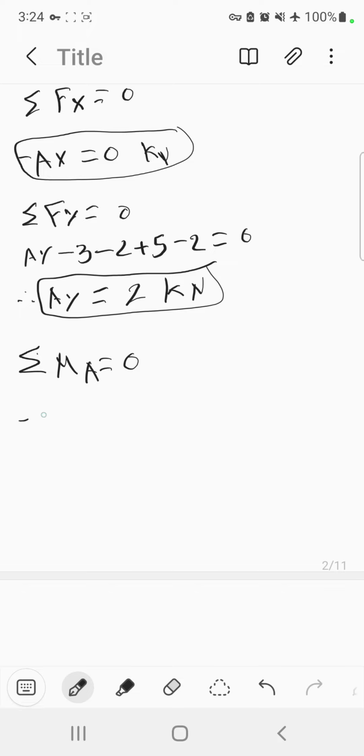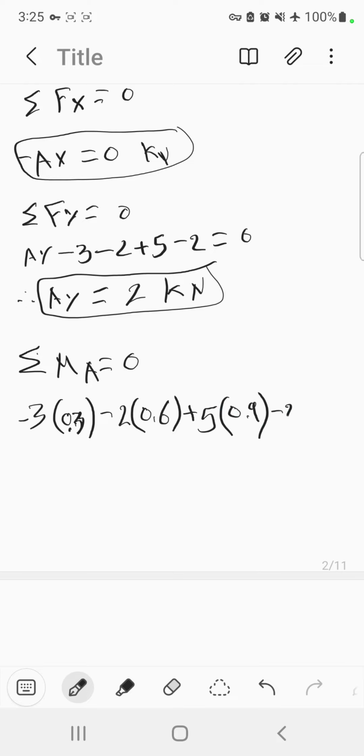So we know it's minus 3 times 0.3 because it is far away from that one, or the distance, minus 2 because it's clockwise, so it's going to be minus 2 times 0.6, which is the distance from that moment A, plus 5 and it is 0.9 distance minus 2, and it is 1.3, okay, far away, then plus MA equal to 0.